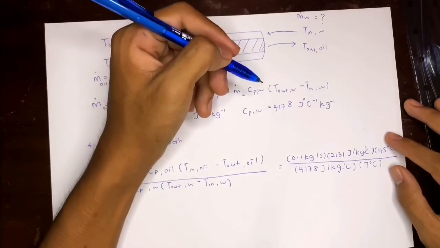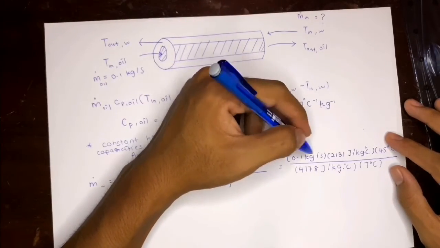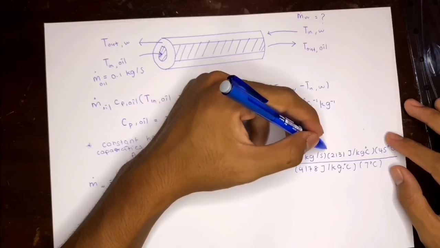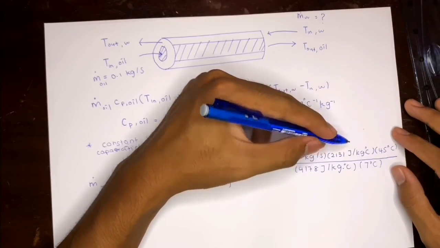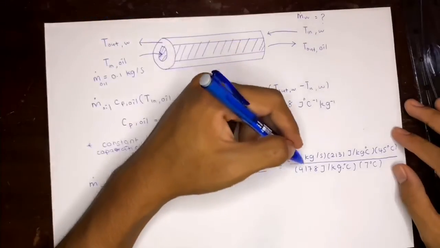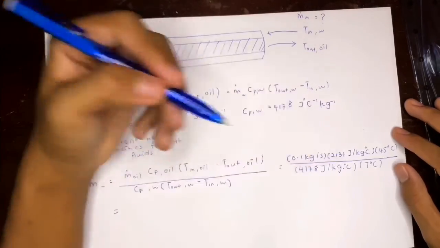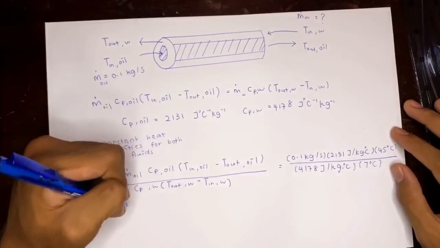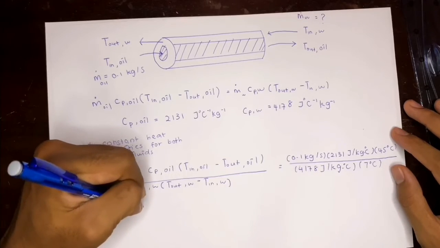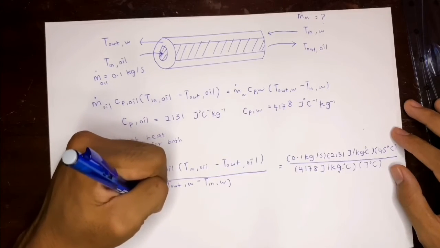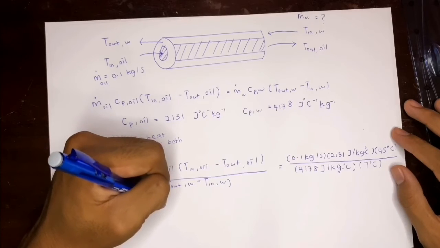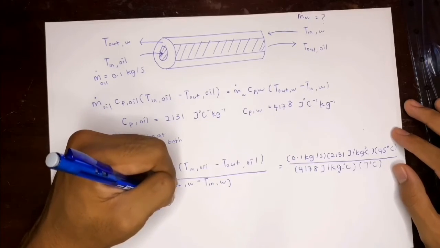So kita akan masukkan, dapat 0.1 darab 2131 darab 45 bahagi 4178 darab 7. So answer yang kita dapat ialah 0.33 kg per second.